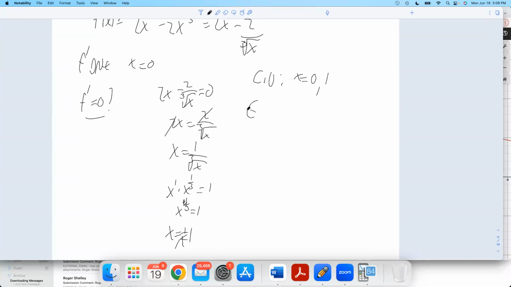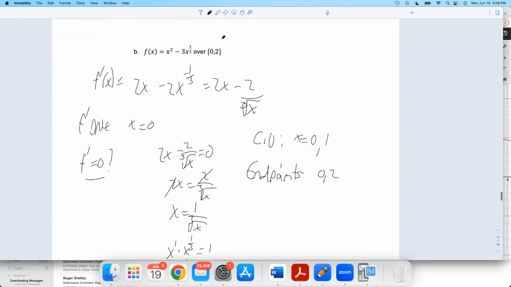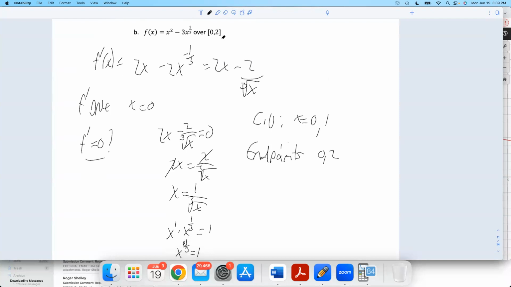And then I have my endpoints, 0 and 2. So I'm going to plug all of those into the original function. F of 0, you should just be able to see that's 0.